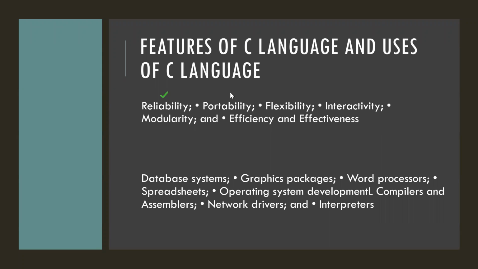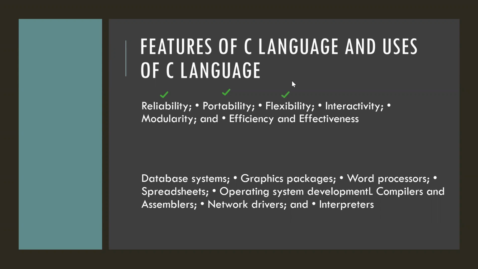What about portability? Portability means it is running across different platforms. Like right now, it could be running on Unix. It could also be running on Windows operating system, or it could be running on Linux. So portability means it can be implemented regardless of the operating system used.